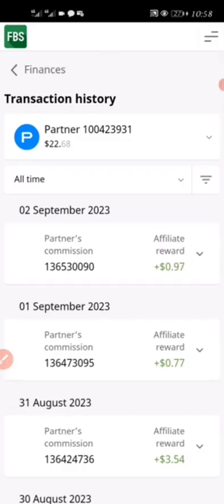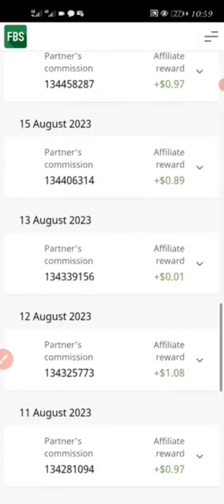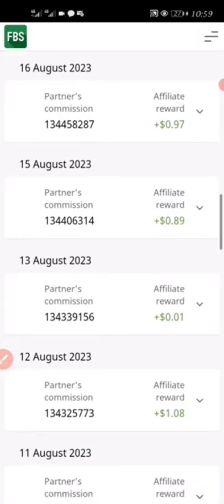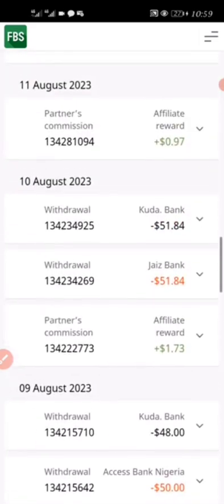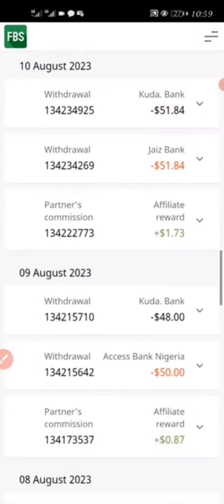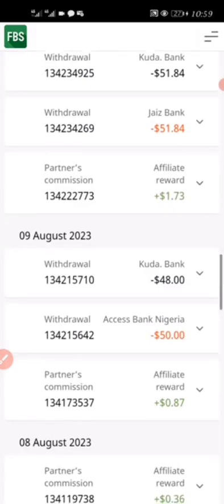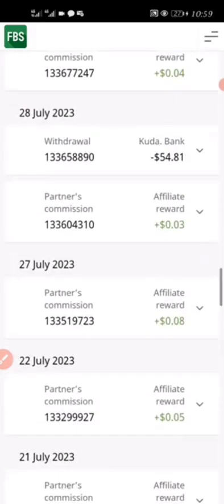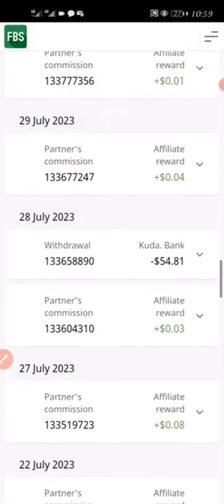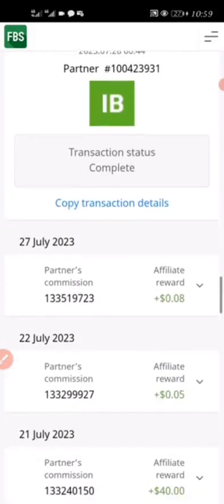In case I want to withdraw this $22, because the other money I've already withdrawn. I've withdrawn so many. You can see here I withdraw, withdraw over here. I withdraw $50 here. I'm going down. I withdraw $54 here.